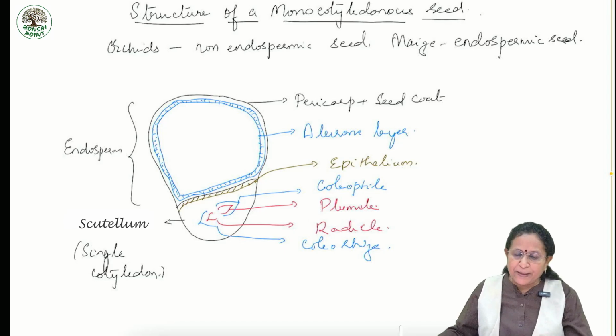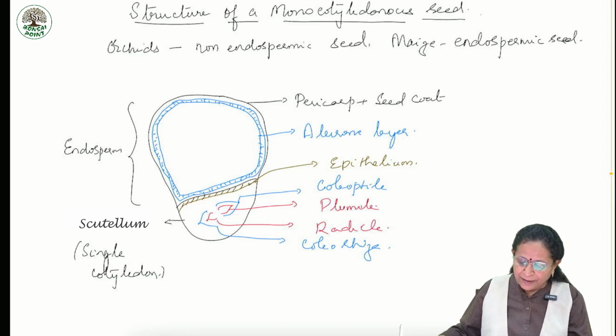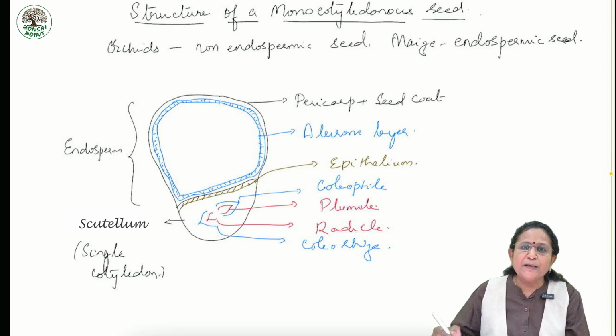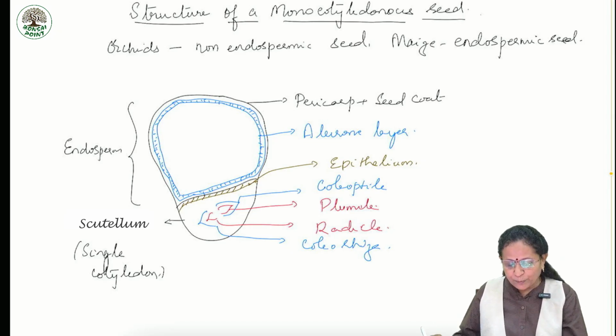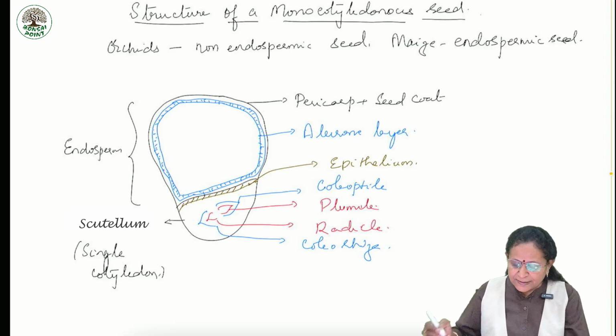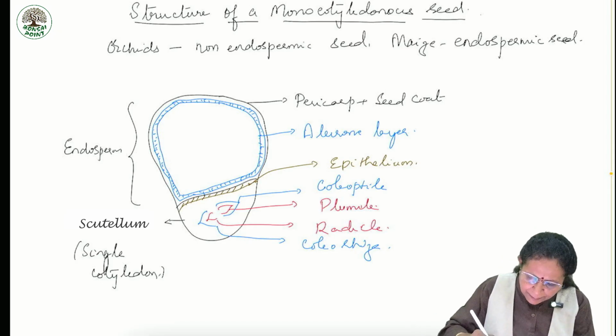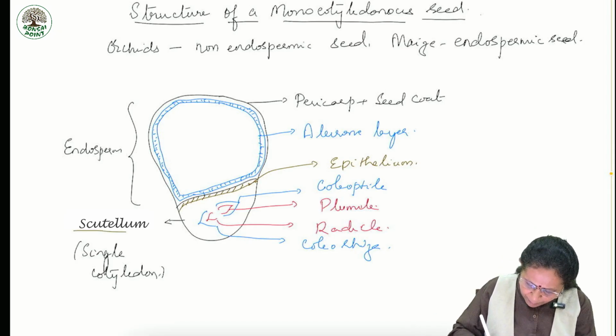Epithelium separates the scutellum from endosperm. Aleurone layer separates endosperm from embryo. Is it clear? So, this is the structure of a monocotyledonous seed. Example, maize. Very common question.